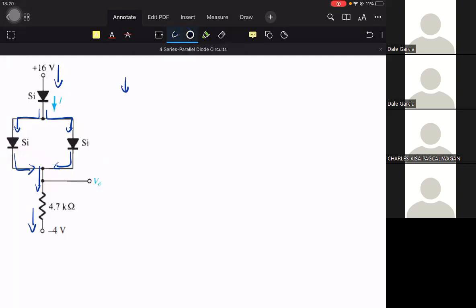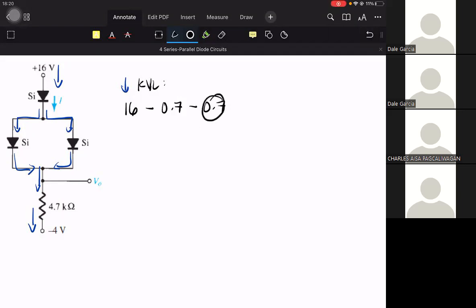Kung mag-solve ta sa KVL equation, 16 minus 0.7 minus 0.7. Isa lang ka 0.7 ang atong consider sa parallel diodes, either the left one or the right one. Doesn't matter, so isa lang. This 0.7 is from this silicon diode.